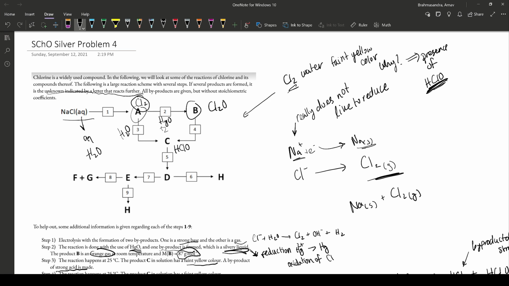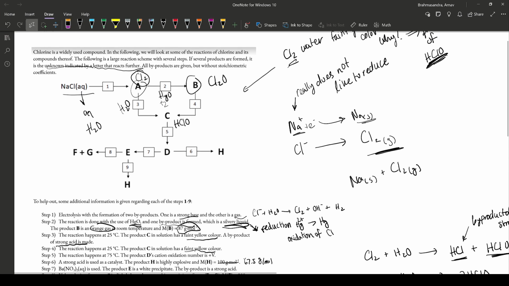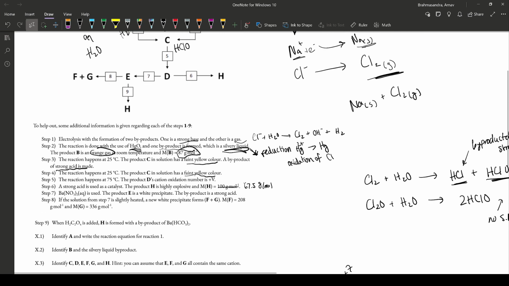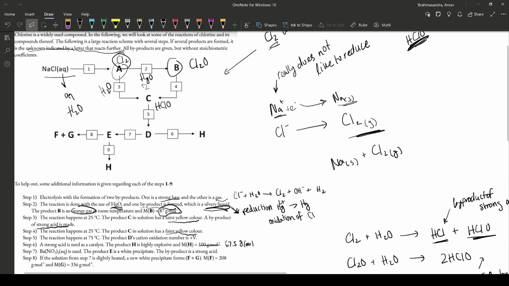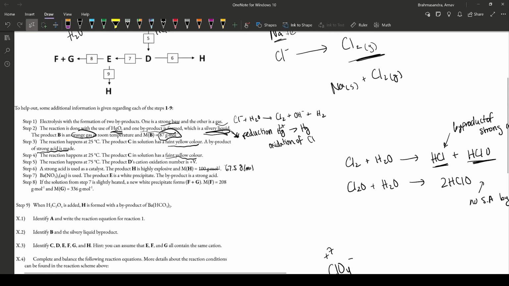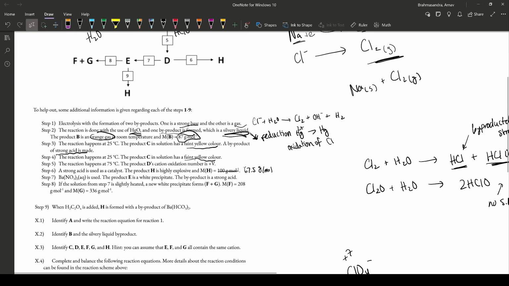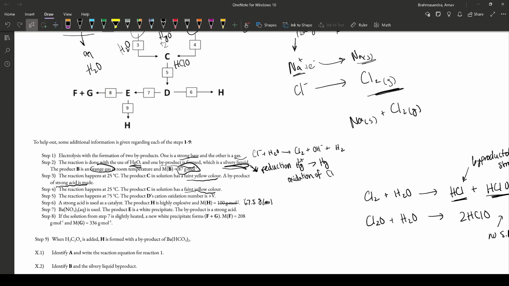So you want to gradually oxidize this, but you don't want the oxidation state to be really high, because then the scheme would probably just end there. So that's why I reasoned and guessed HClO. It's sort of a middle ground thing. That's one way you can approach and guess that this is the product. But this definitely was a trickier step, and it's one you probably have to come back to, to make sure that you got the right answer.